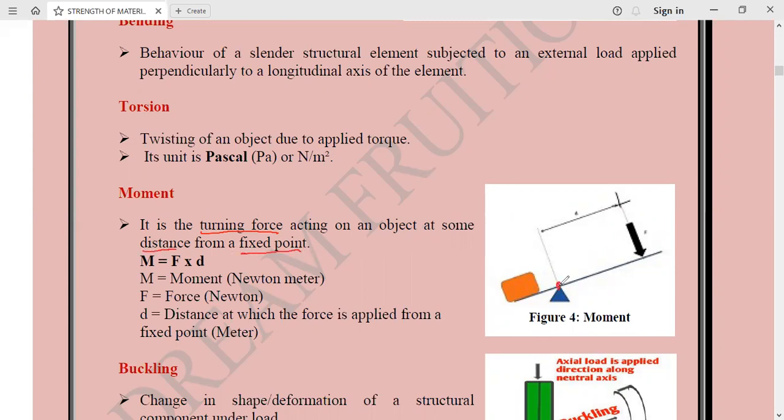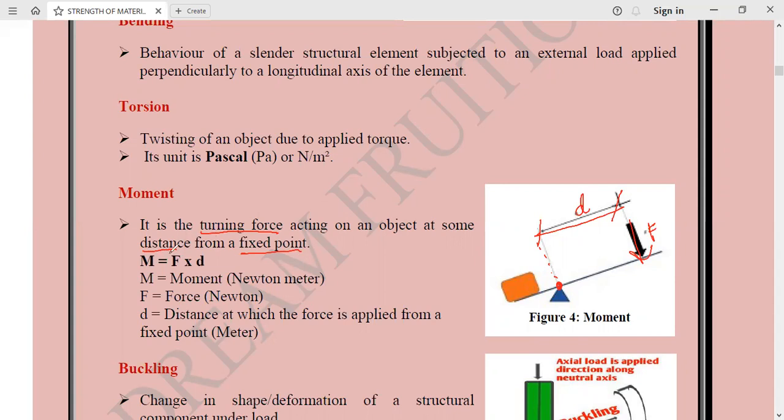Suppose this is a fixed point and you are applying a force F at a distance D from this fixed point, then it will be known as a moment. So a moment is a turning force that is applied at a distance from a fixed point.